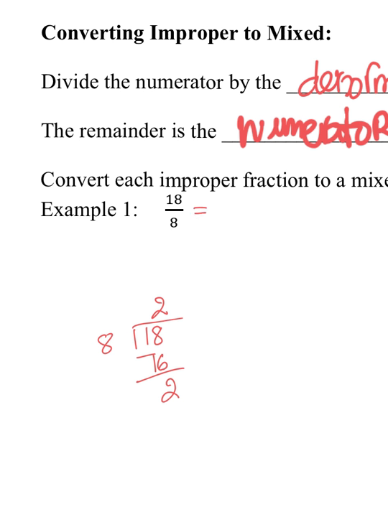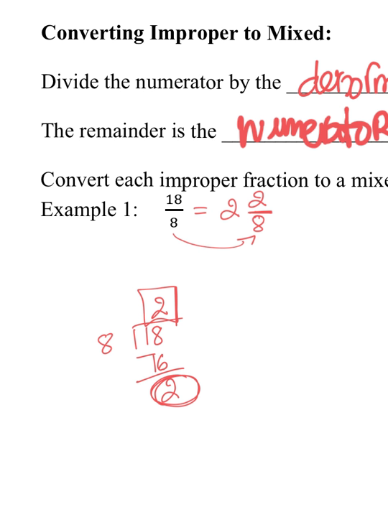So again, I'm gonna convert this improper fraction to a mixed number. Your answer will be the whole number. The denominator is always the same, which is 8. And then your remainder right here will be your numerator. So you have 2 and 2/8.